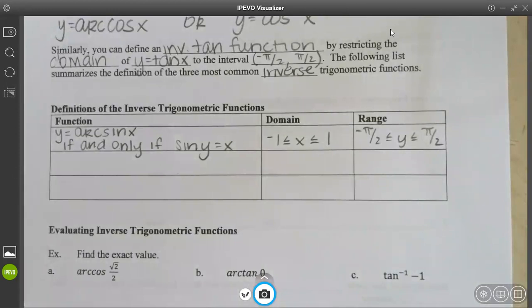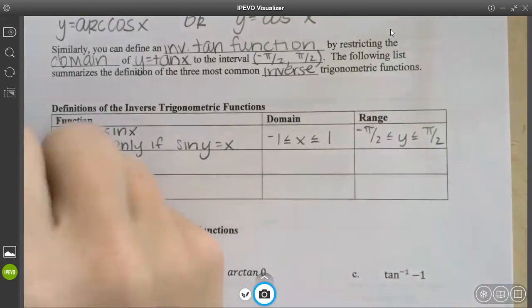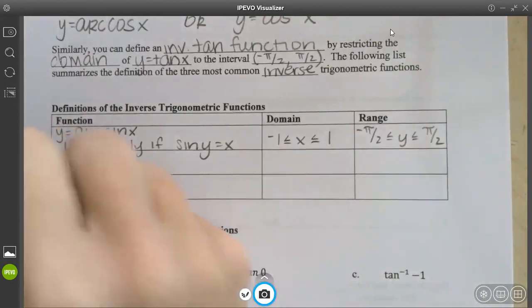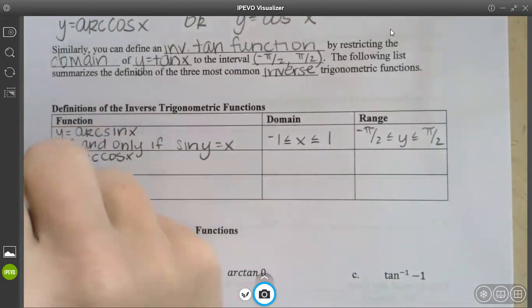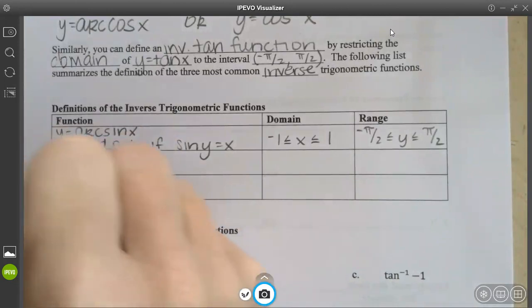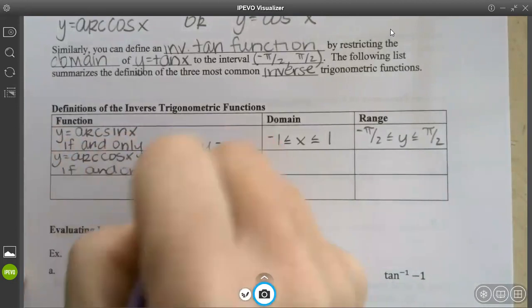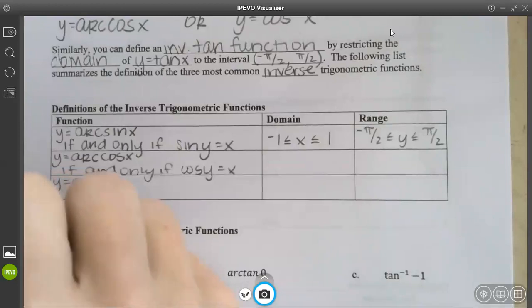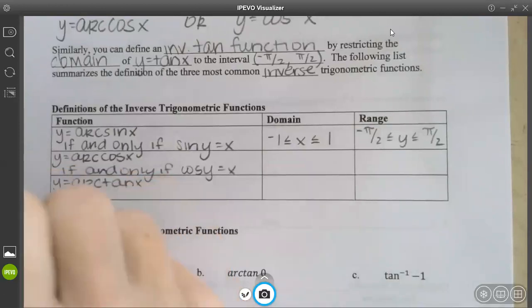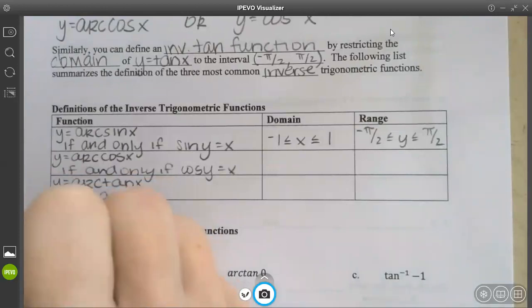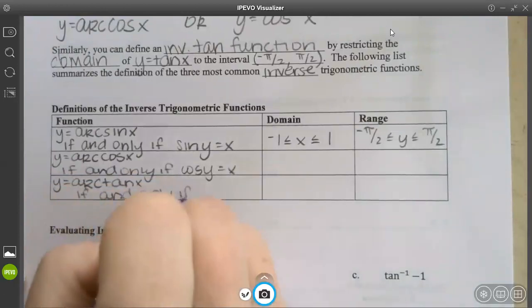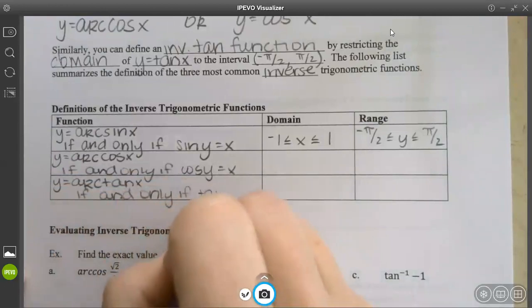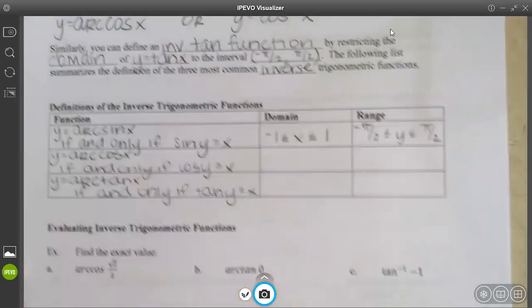The next two are going to look exactly the same in this first column, except it's going to say arc cosine, and then arc tan and tan y. So everything is exactly the same. So I'm going to fill in both of these. Arc cosine x if and only if cosine y equals x, and y equals arc tan x if and only if tan y equals x.